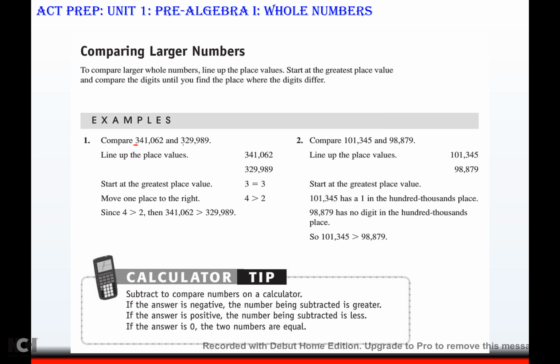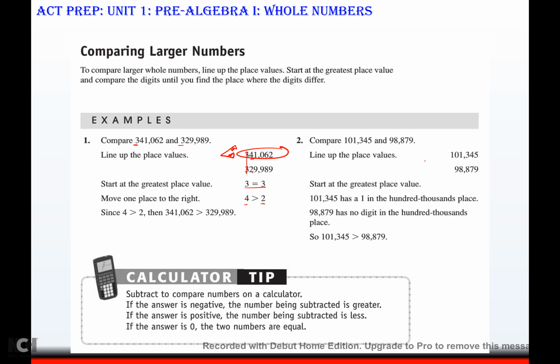They both have a 3 in the hundred thousands place, so that's a tie. 3 equals 3. Then you go to the next digit. The top number has a digit of 4, the bottom number has a digit of 2, so therefore this one is bigger. So we would say that 341,062 is greater than 329,989.